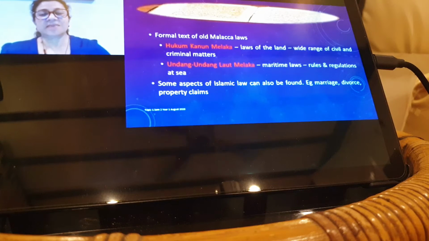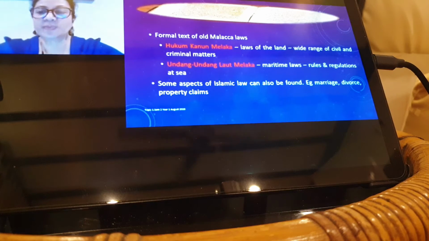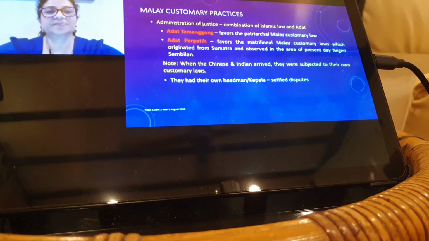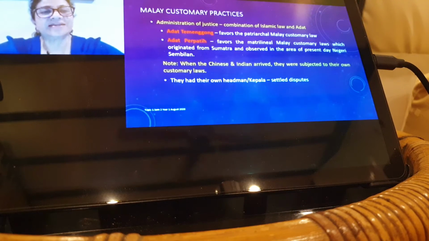Some aspects of Islamic law can also be found, in relation to marriage, divorce, as well as property claims. Besides that, the Malay customary practices can also be found.